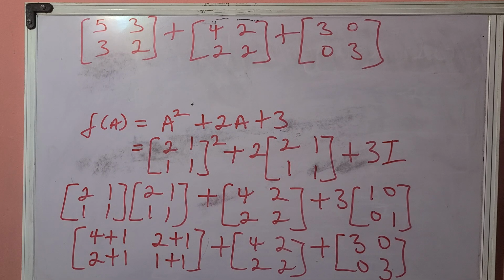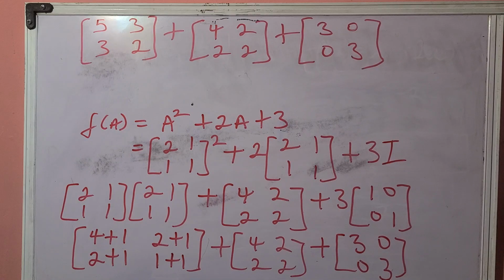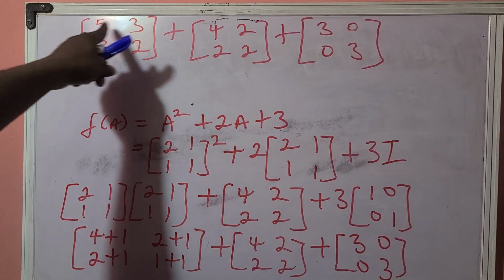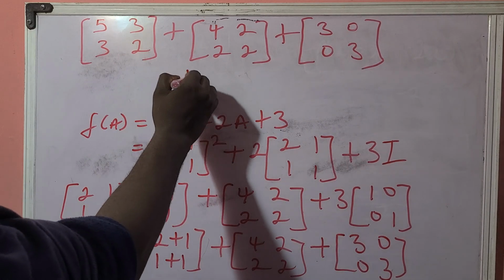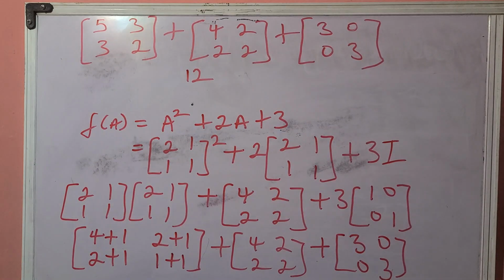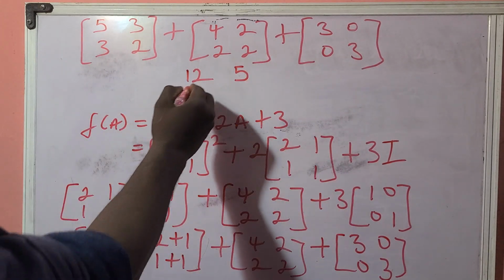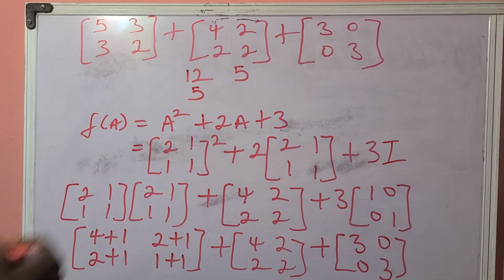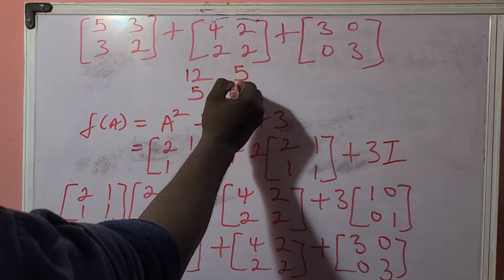From here, you can decide to add this to this first, or you add everything at once. You will get your answer either way. 5 plus 4 plus 3, that gives me 12. 3 plus 2 plus 0, that gives me 5. 3 plus 2 plus 0, that gives me 5. 2 plus 2 plus 3, that gives me 7.